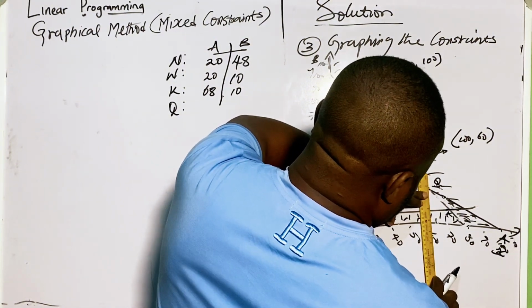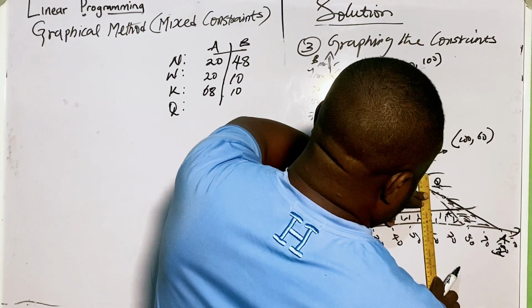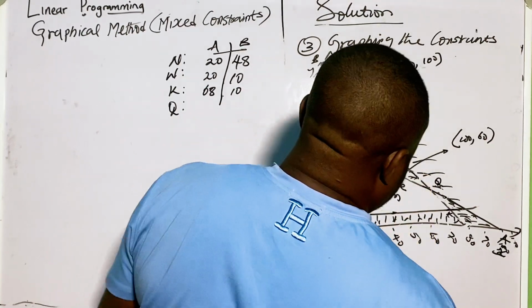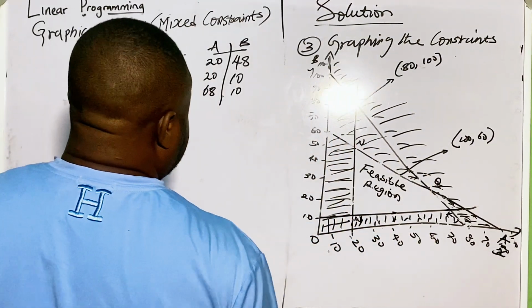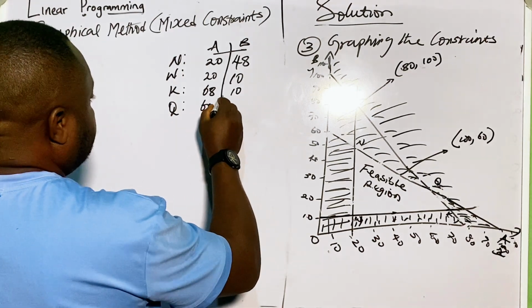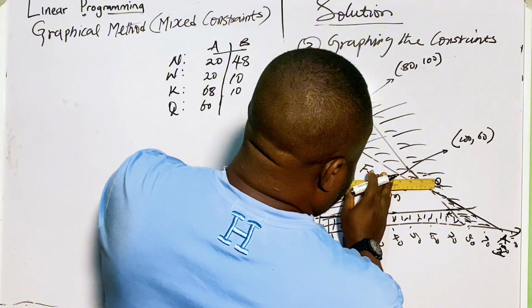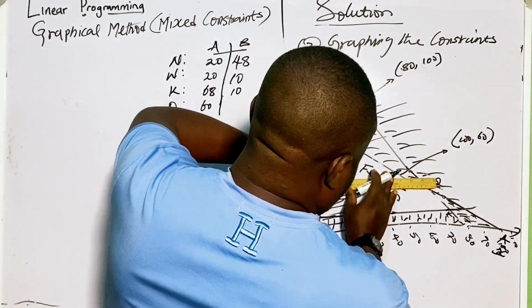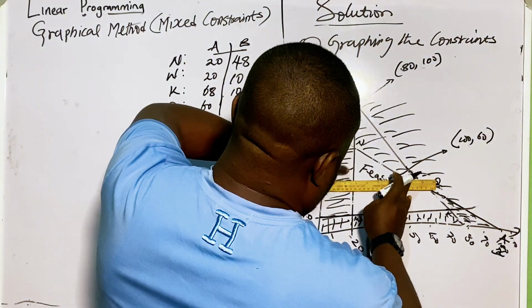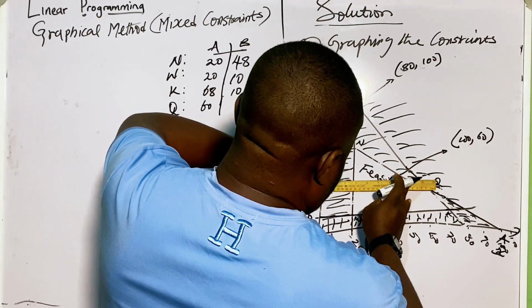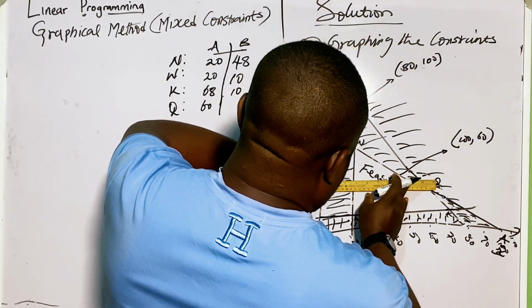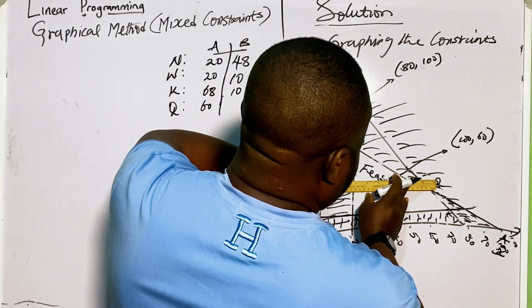This is about 60. Okay, let's just take 60. A is 60. Then B is, okay, let's take 23 or 24. Let's take 24.